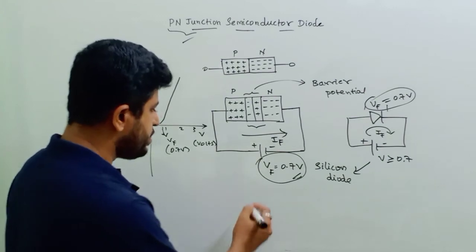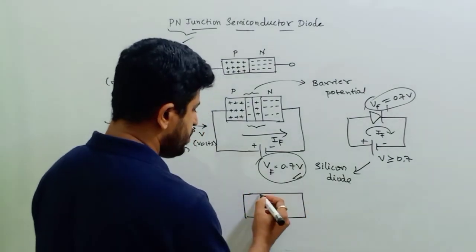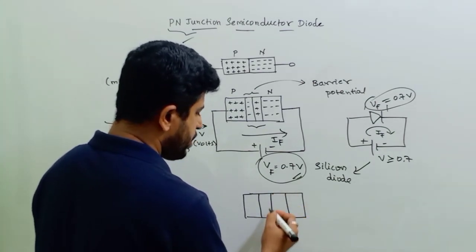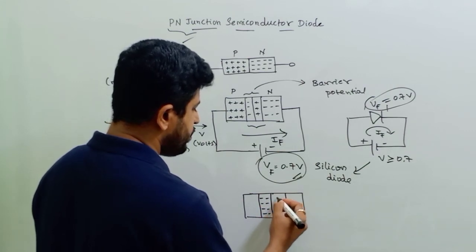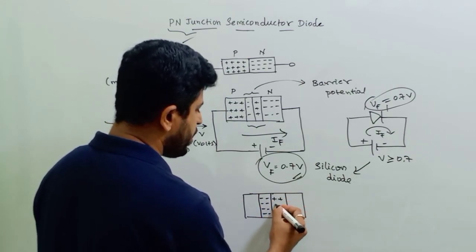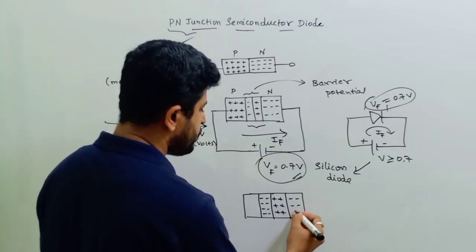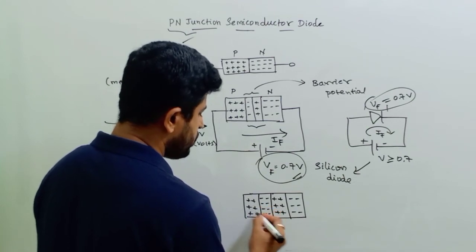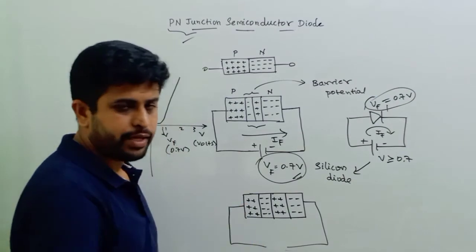For this I will take one more diagram so that we can understand this in a better way. So I am just writing the depletion layer expanded here. Okay, so we'll come to know why we are doing this. So let us say we are reverse biasing this diode.